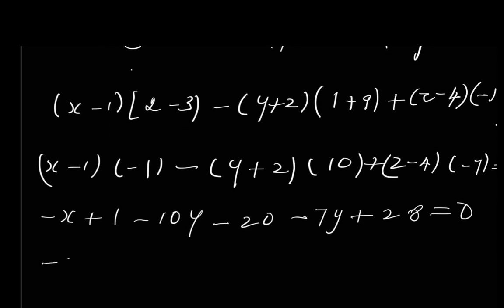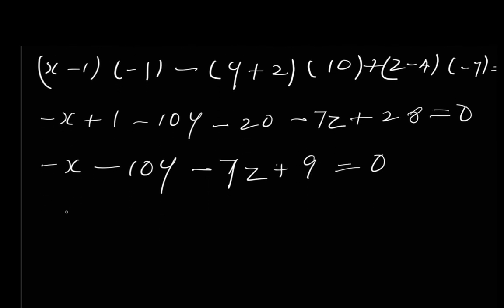So minus x minus 10y minus 7z. Simplify this, 29 minus 20, you will get plus 9 equal to 0.